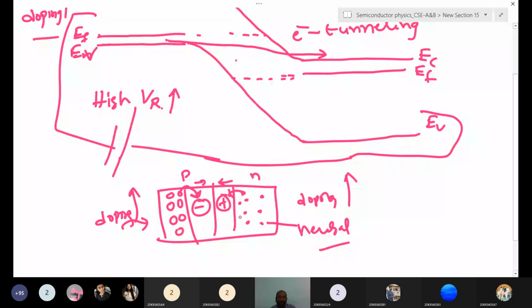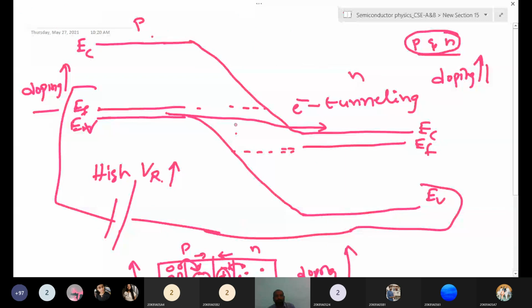If the depletion width decreases, then instead of going to the conduction band of the same semiconductor, suppose you take a p-type semiconductor, the electron breaks the bond, leaves the hole in the valence band, and jumps into the conduction band. This is the general process, right?